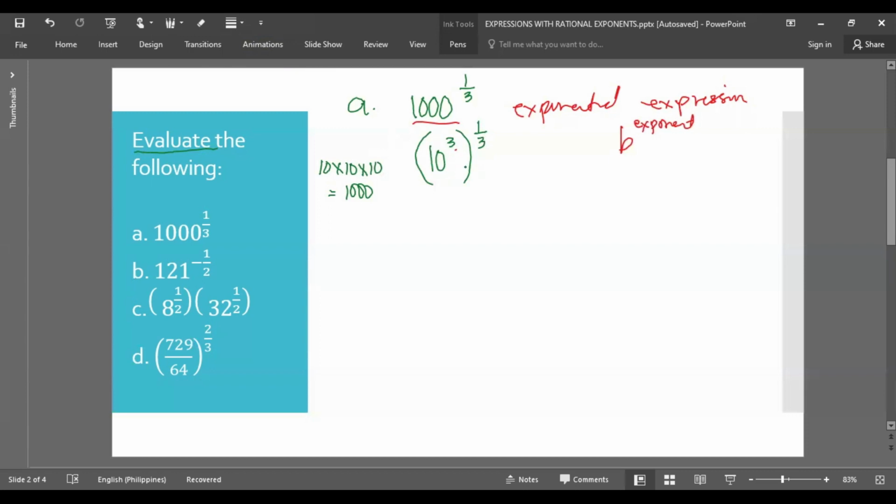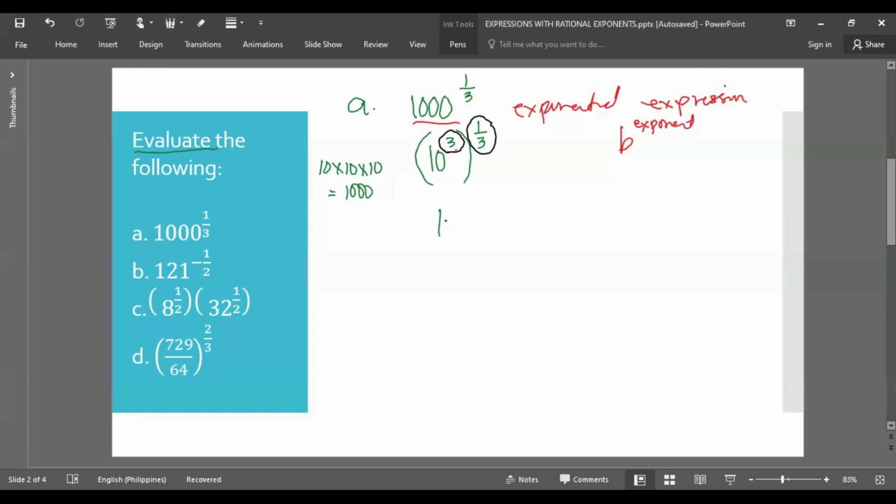Next thing to do is to simplify the resulting expression by applying the laws of exponents. So in this case, you may apply the second law of exponents, wherein you're going to multiply this exponent by the exponent outside the parentheses.